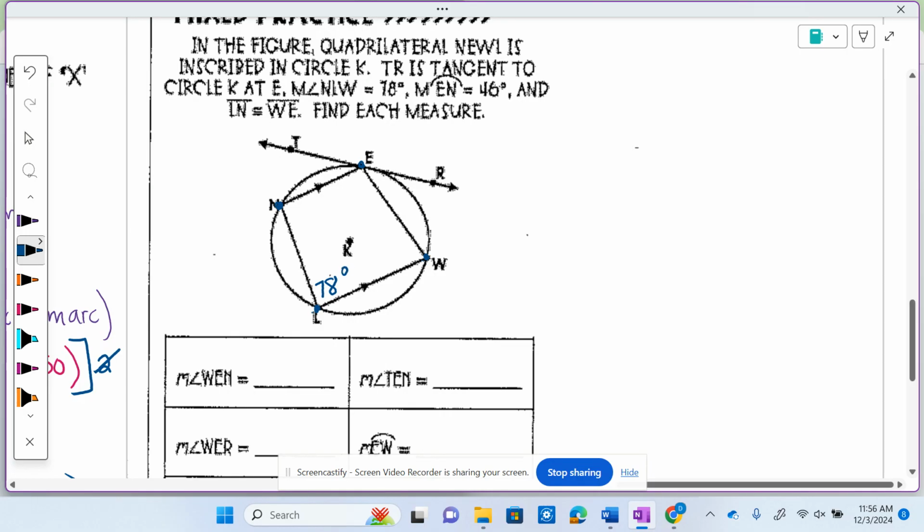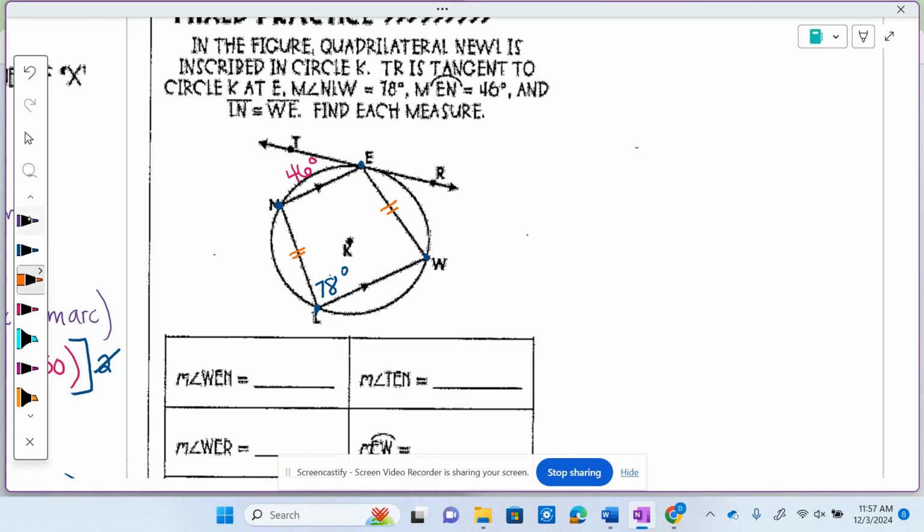The measure of arc EN, this arc right here, is 46 degrees. And segment LN is congruent to segment WE. Find each measure.